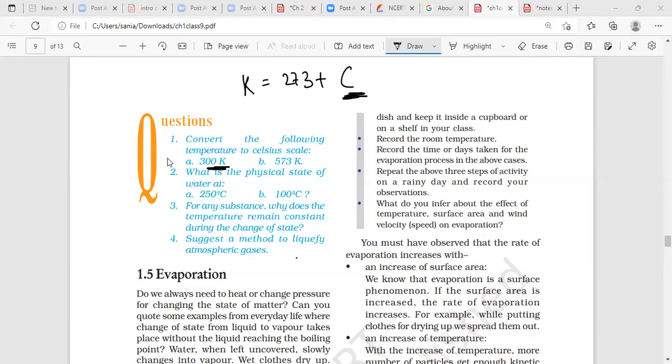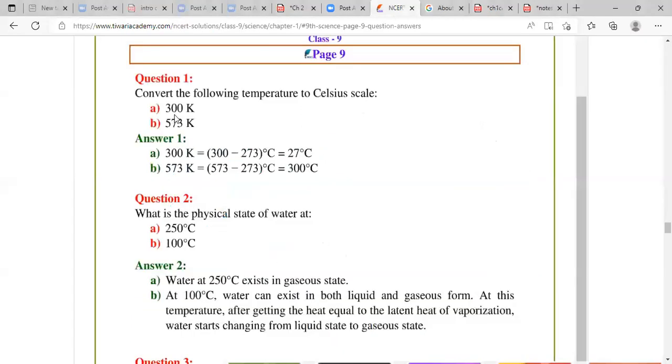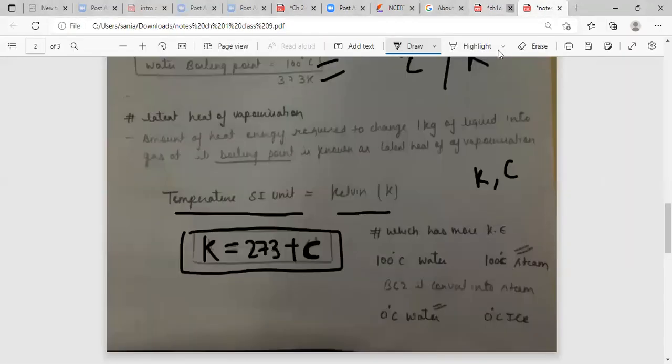Okay, so here you can see, it was very easy. It was 300 K, and the equation you already know, right? So basically you'll subtract 273 from it and you'll get the answer. Is it clear? Yes, ma'am. Similarly, you just have to subtract it.